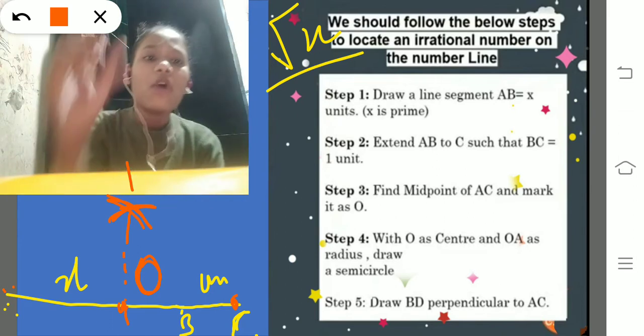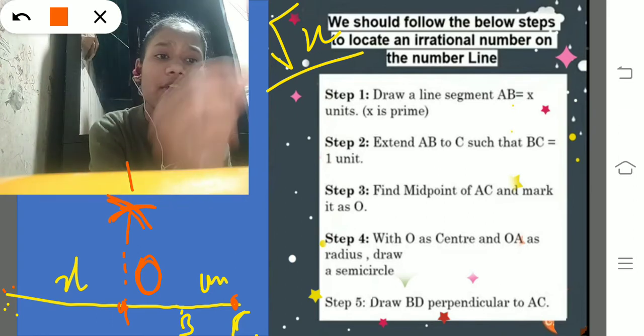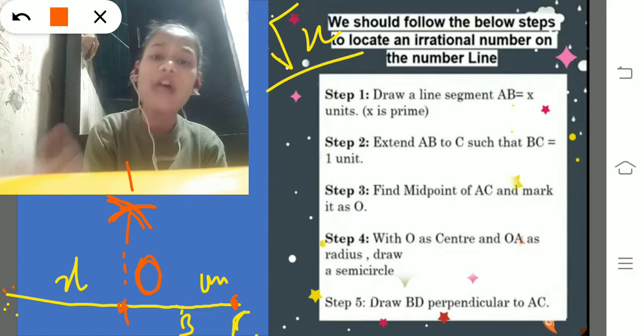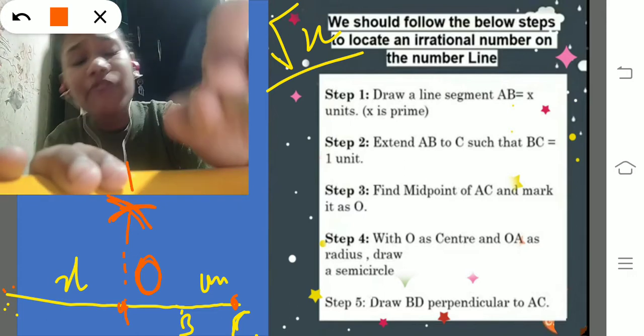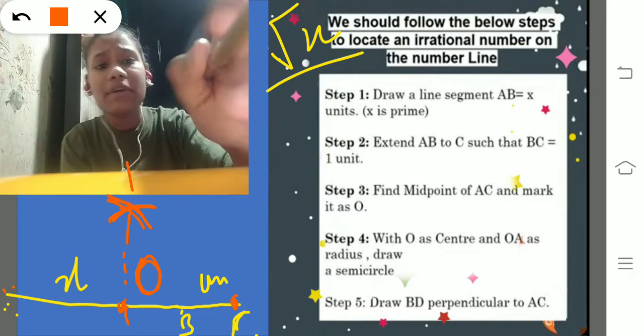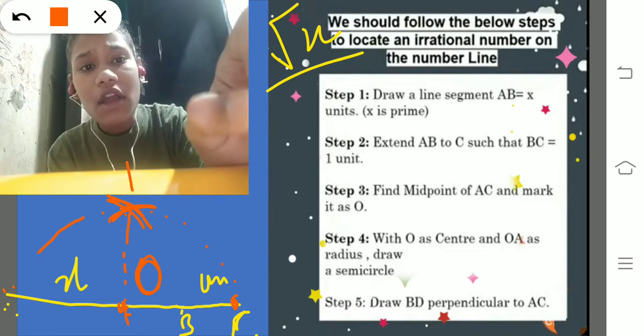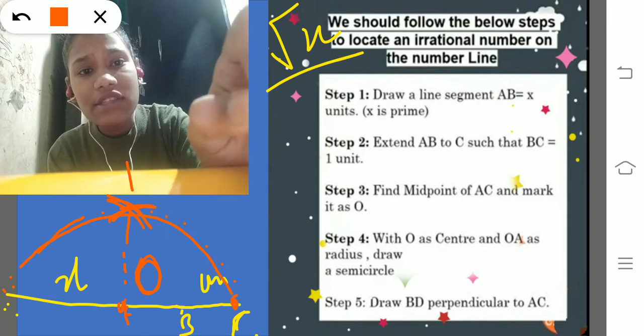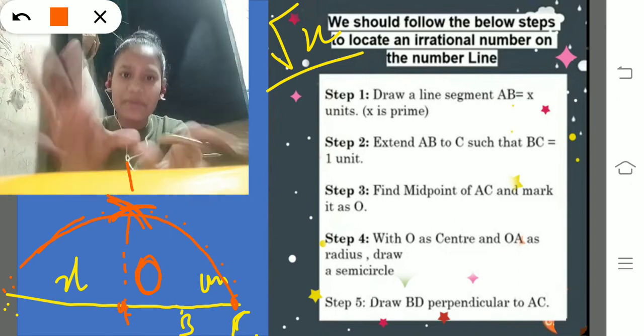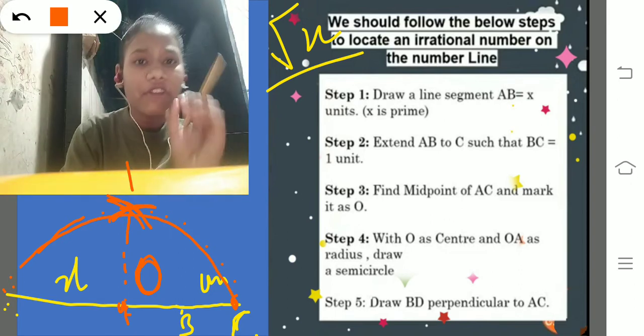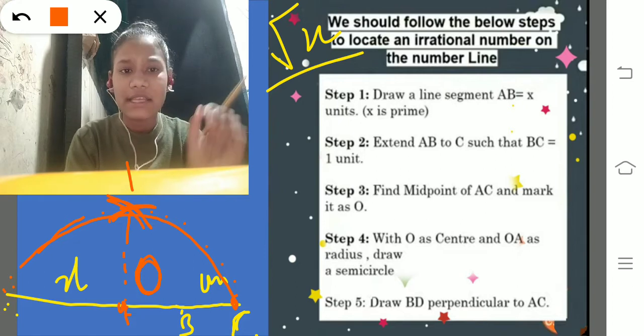Then with O as the center and OA as the radius, draw a semicircle. You have to put the point of your compass here and mark a semicircle from point A to point C. After that you will draw BD perpendicular to AC.